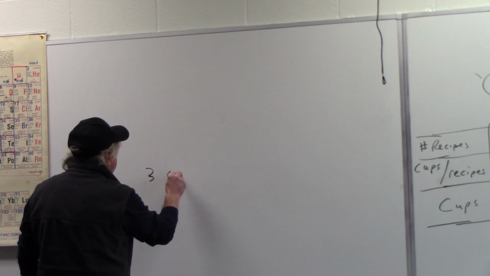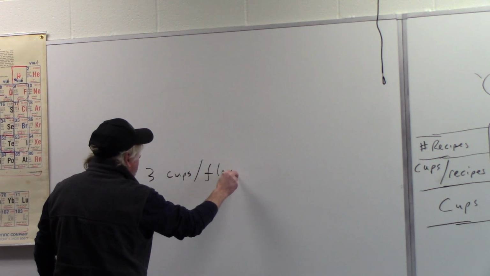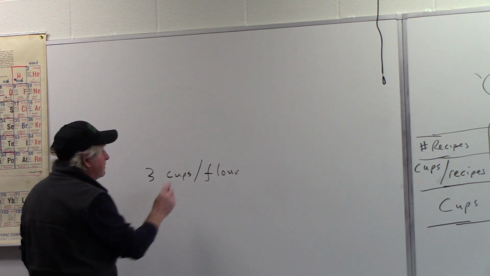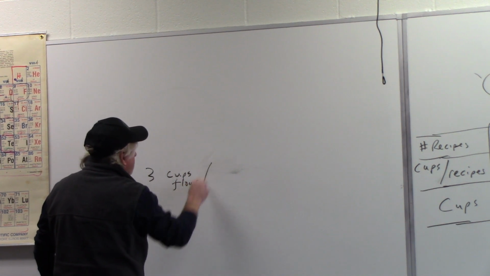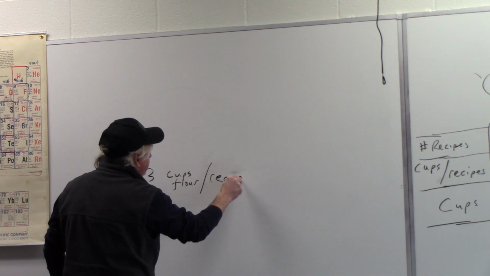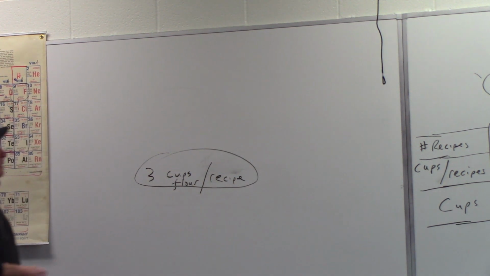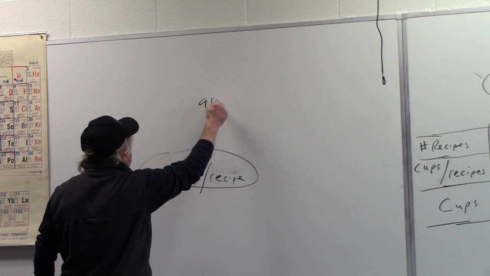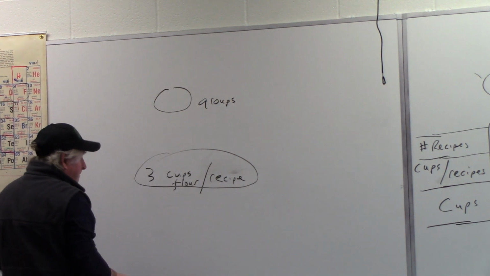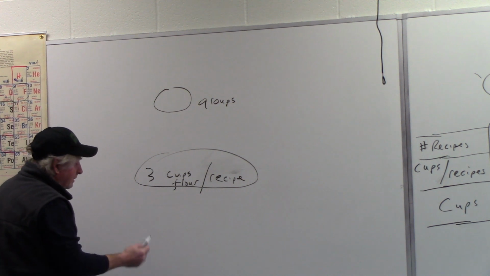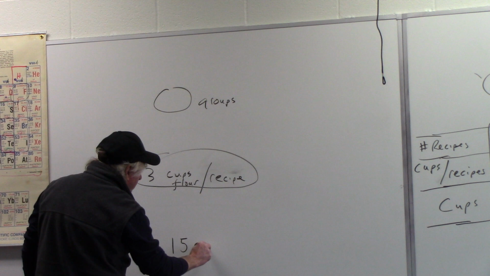Let's use these 3 cups of flour. And notice how I write it: 3 cups of flour per recipe. And I told you that's my group. Okay, in this case, let's say I start up with 15 cups of flour.